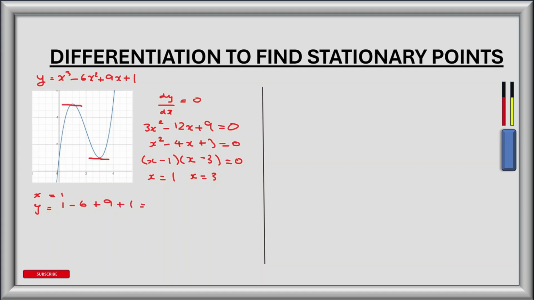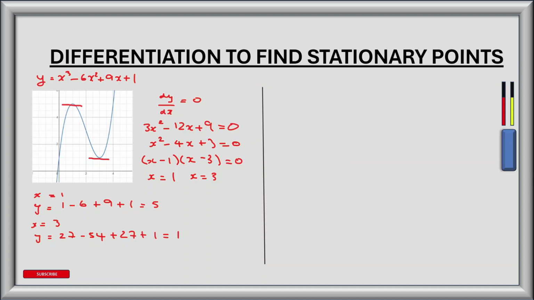In this case, y is equal to 5. If we put x equals 3 into the equation, we get y is equal to 27 minus 54 plus 27 plus 1. So y is equal to 1.